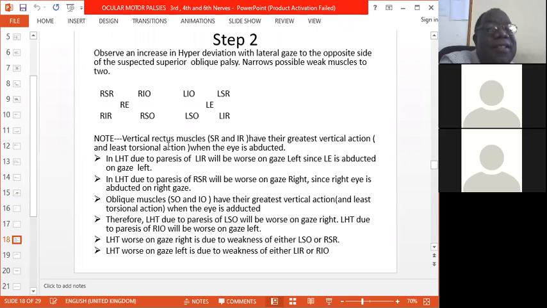So in the left hyperdeviation, due to paresis of the left inferior oblique, which is this one, left inferior oblique, it will be worse on the gaze to the left. On the gaze to the left.